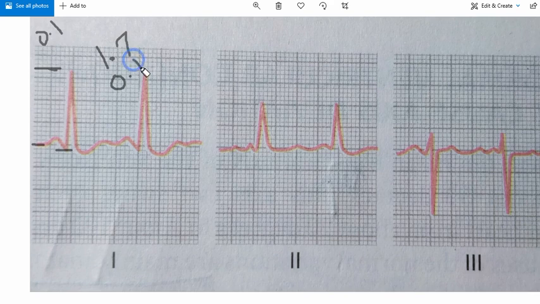So the total voltage derived from lead 1 is 1.6 millivolt, and in what direction? In the positive direction.